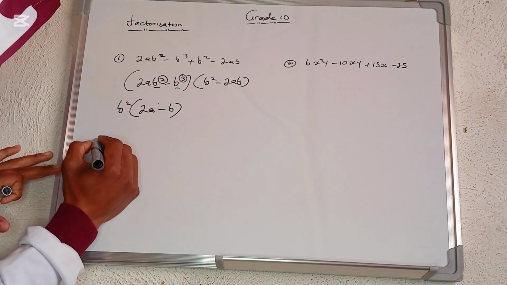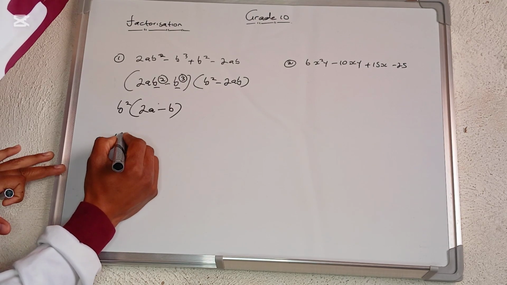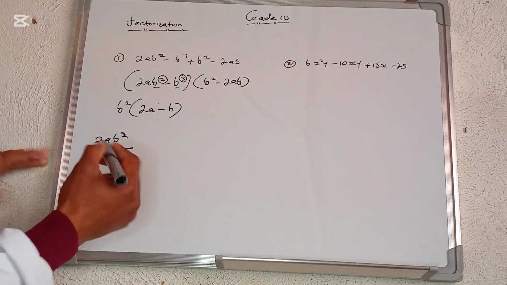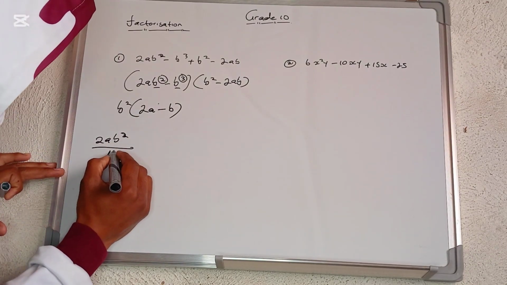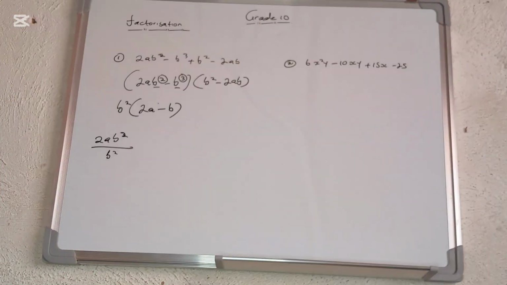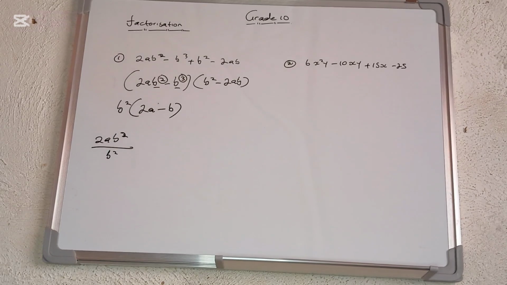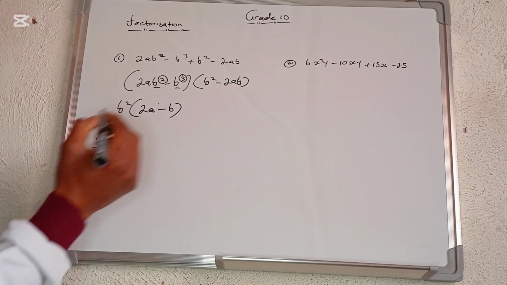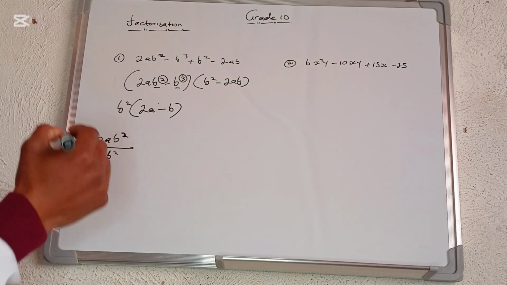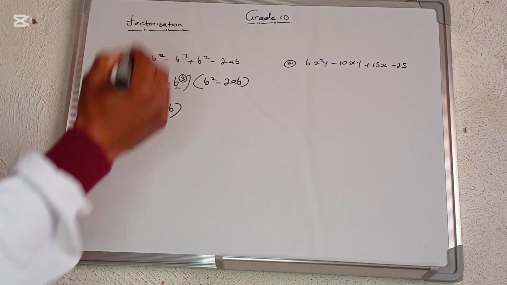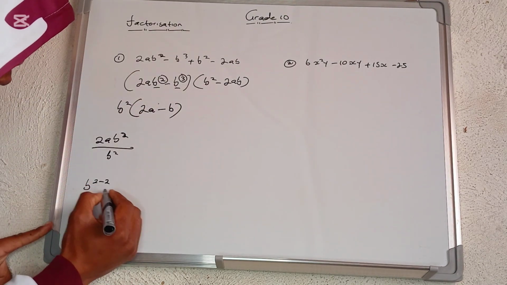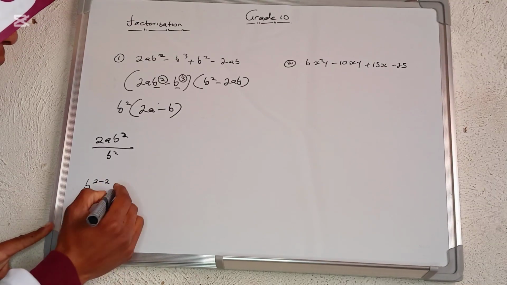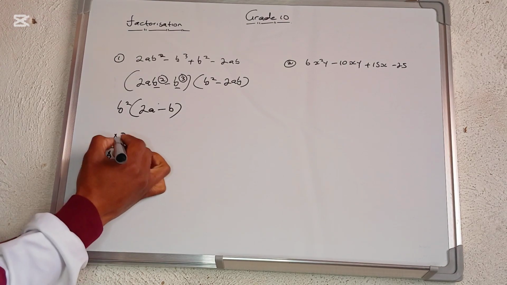Because we have 2ab cubed and we are dividing with b squared, b squared divided by b squared: any number with the same base that you divide, you subtract the exponents. So it's 2 minus 2, which makes it 0, which makes it 1. So this one divided by this one is 1.